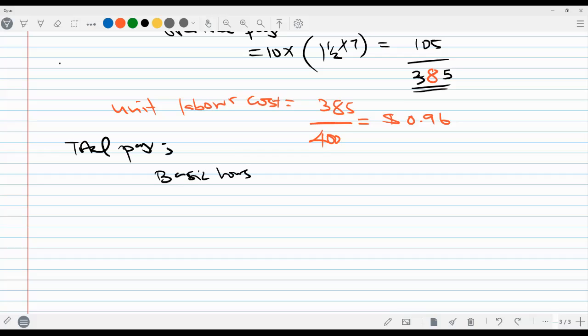So 40 hours, basic pay on standard hours, will be equal to 40 times 7, which is 280.